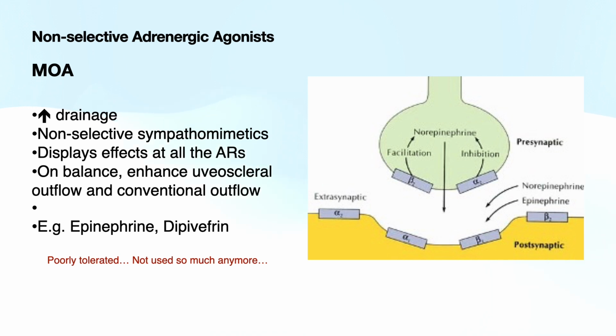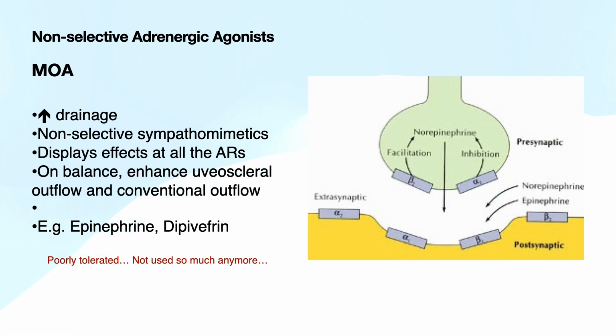Now, sometimes we could argue using non-selective adrenergic receptor agonists. Overall, it will increase drainage, which is by non-selective sympathomimetics. Now, however, because they are non-selective, they have an effect on all adrenergic receptors.